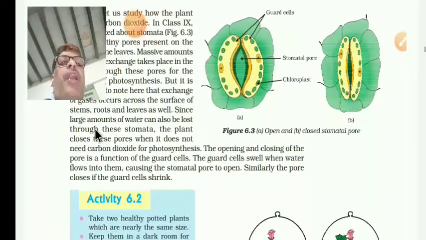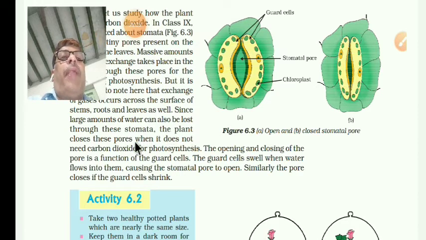Large amounts of water can also be lost through these stomata. That is called transpiration.